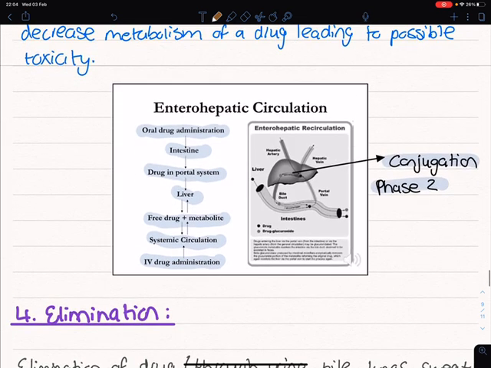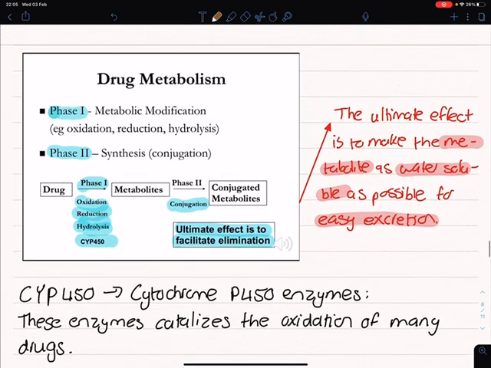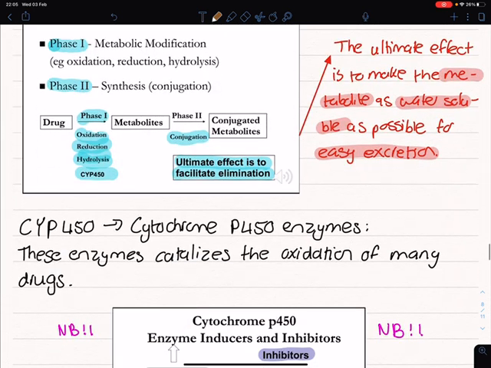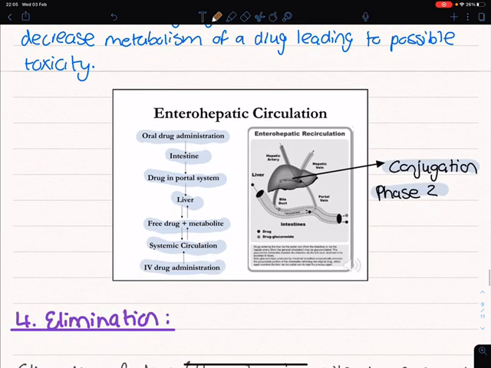And then there's also something called the enterohepatic circulation, which involves the conjugation, which we can talk about now. This is when the drugs go into the liver through the systemic circulation, and then through phase 1, through oxidation, reduction, and hydrolysis, and even the cytochrome P450 enzyme, the drugs are broken down into metabolites.